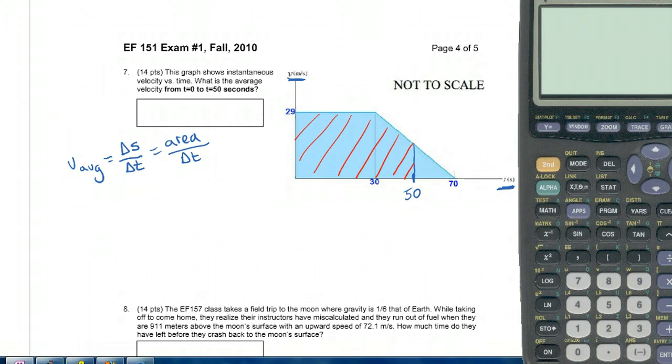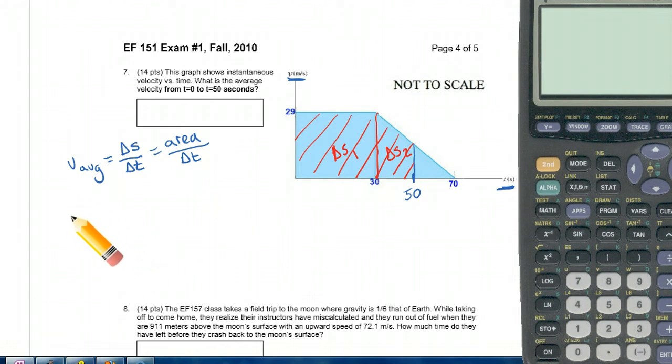So a real common mistake would be to give us the whole area, but the delta S from 0 to 50 is just that area right there. So let's break this into 2 parts. Let's call this delta S1 and up to there, because that's easy, and delta S2 up to there.